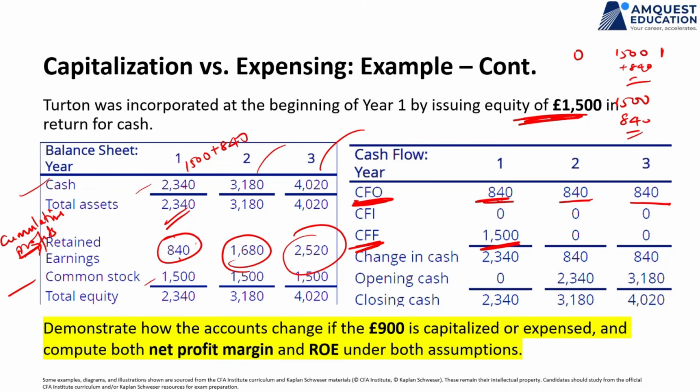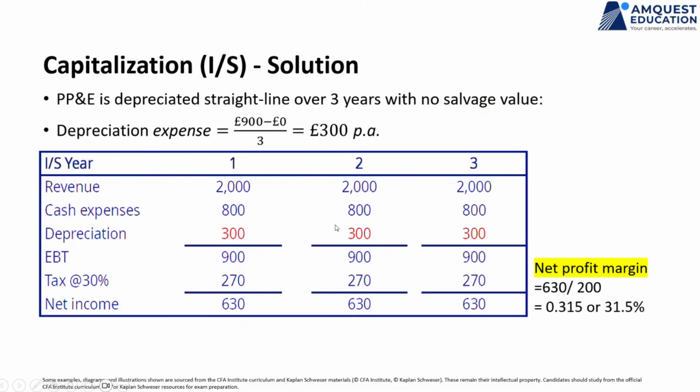Now, demonstrate how the accounts change if the 900 is capitalized or expensed and compute both net profit and ROE under both assumptions. So first, let's say this is getting capitalized. If it gets capitalized on the balance sheet, you are going to create 900 pounds of asset.